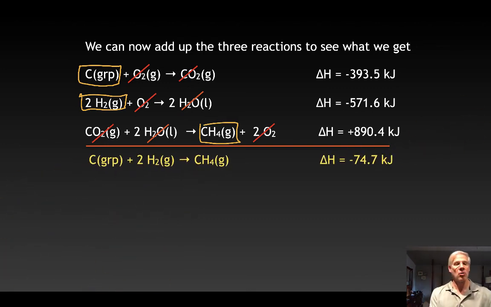So when I add all of that up, I get the reaction I was looking for: C graphite plus 2H2 gas goes to CH4 gas. Now all I need to do is add up all of those delta H's, and I can get a delta H for a reaction that I cannot physically do, but I still know the delta H for it as minus 74.7.